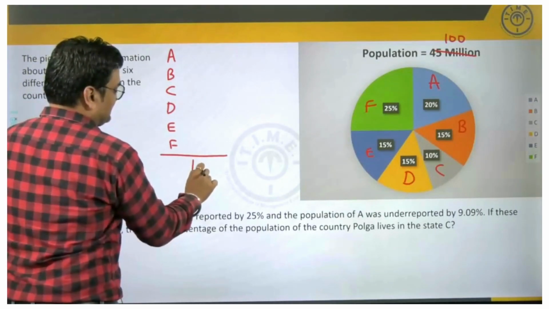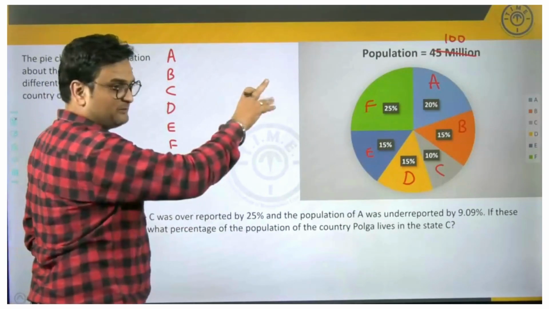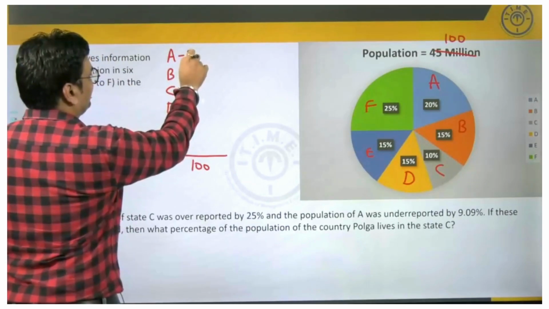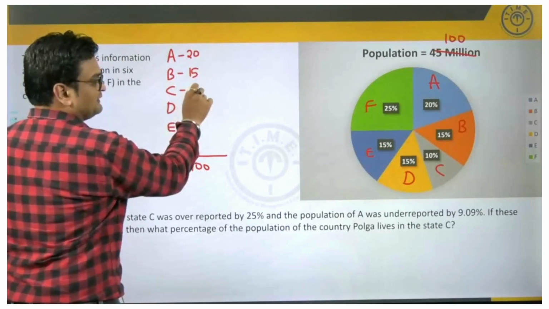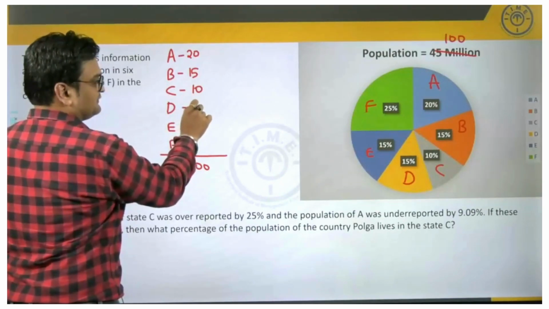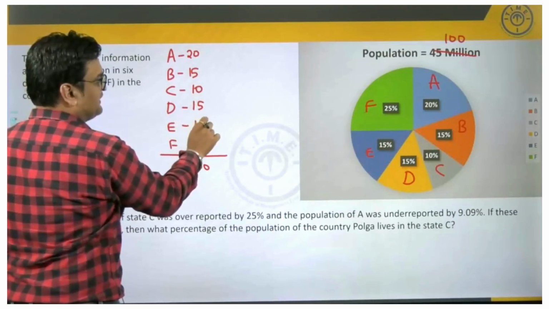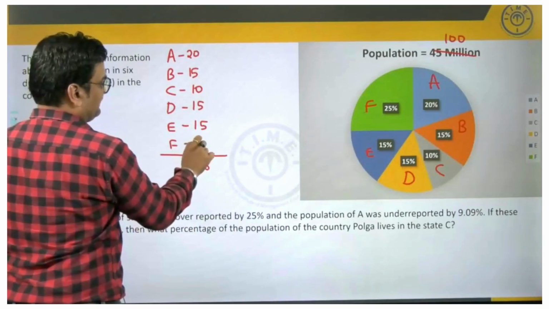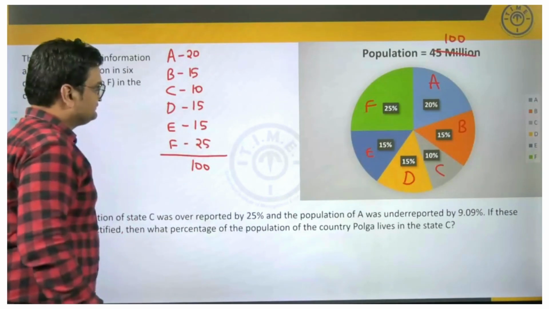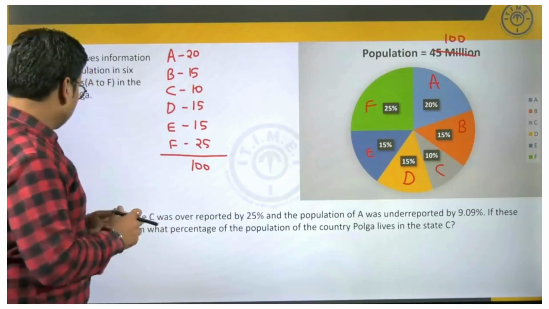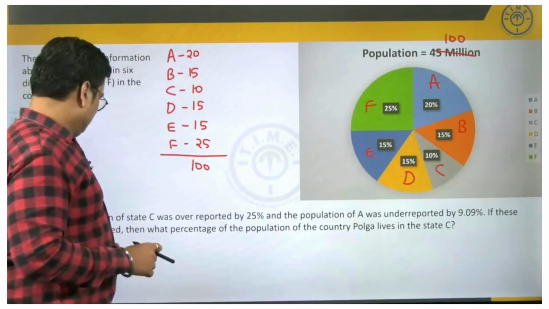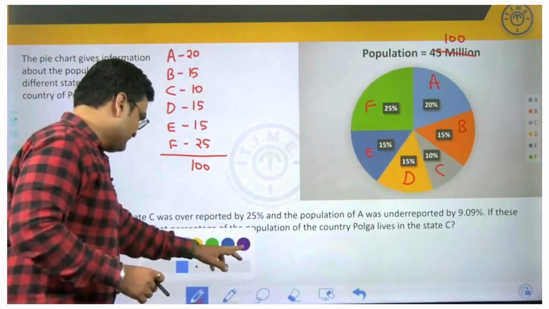The total population is 100, reported population. So A is 20%, 20 people, 15 people, 10 people, 15 people, 15, and this is 25. Okay, sum is 100. Now what does it say? Population of C. So I'll just change the ink once.